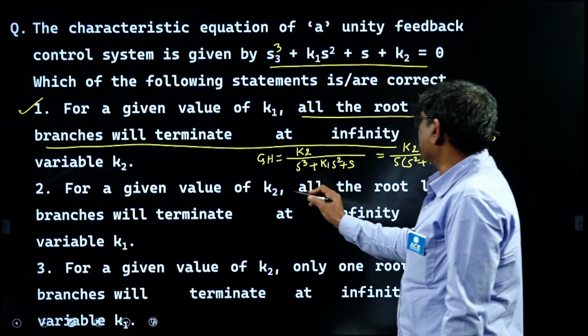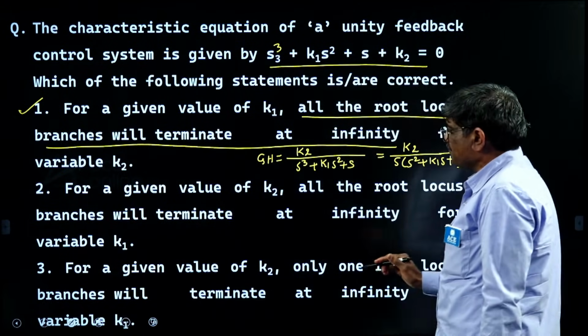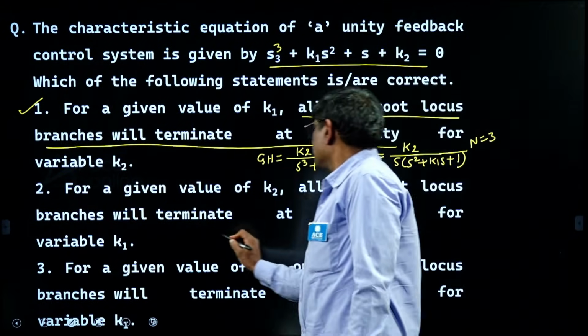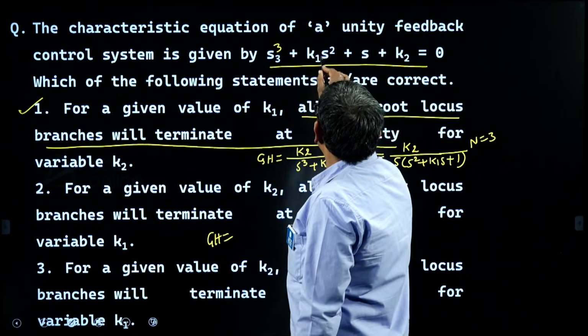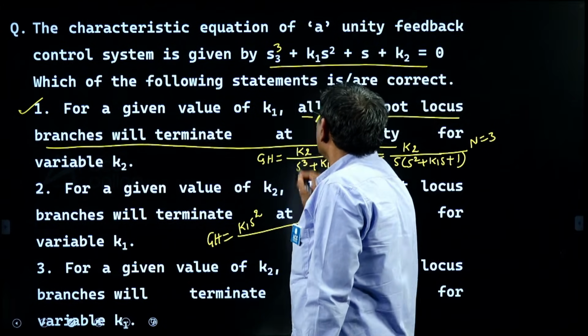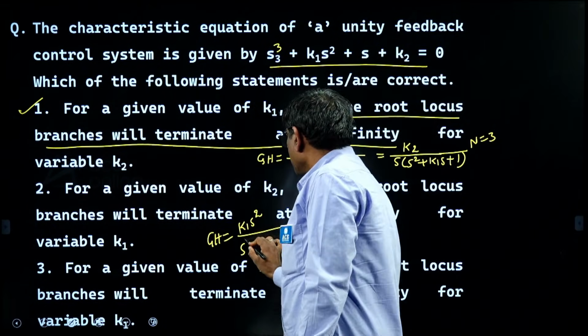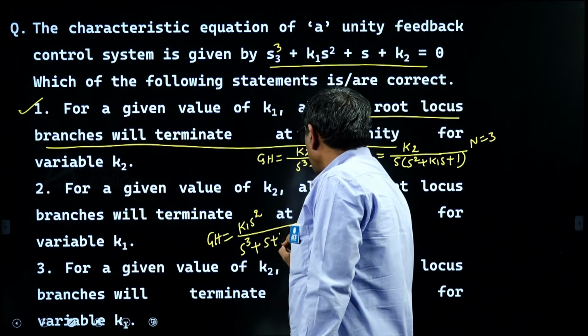Second statement: for the given K2, all the root locus branches terminate at infinity for variable K1. So if K1 is variable, what does GH become? K1 S square in the numerator divided by everything else in the denominator: S cube plus S plus K2.